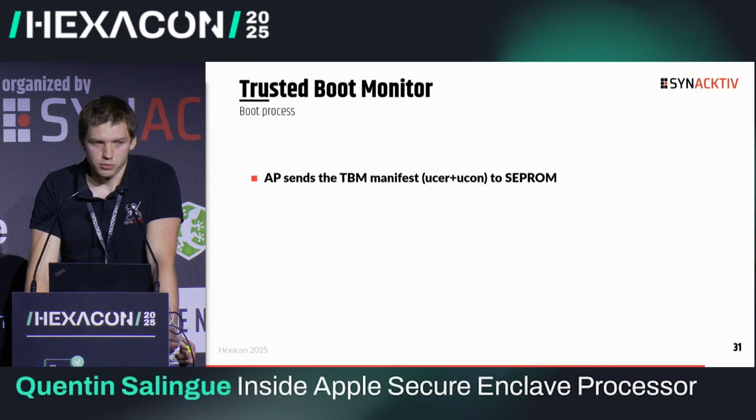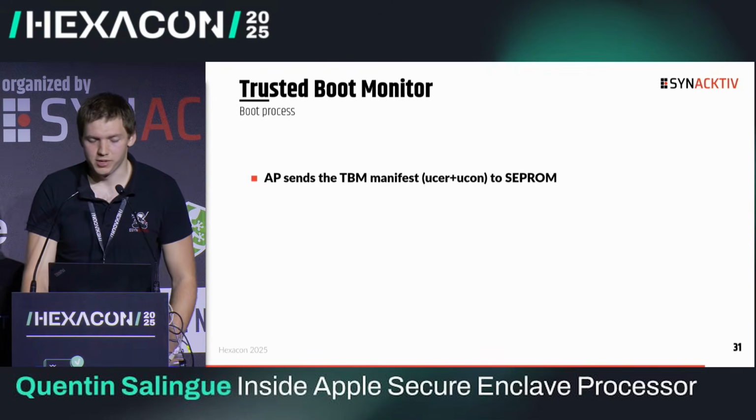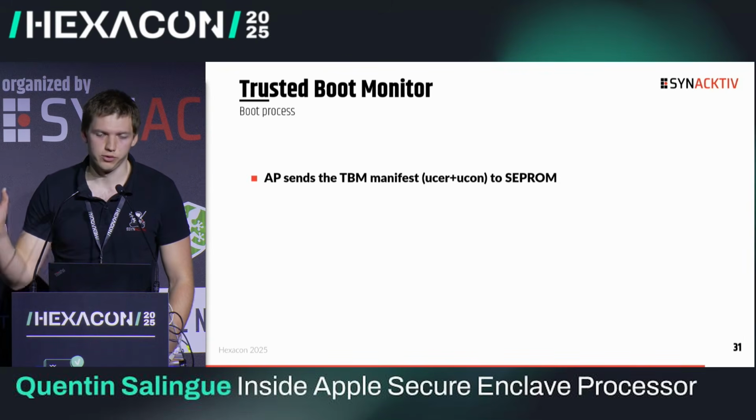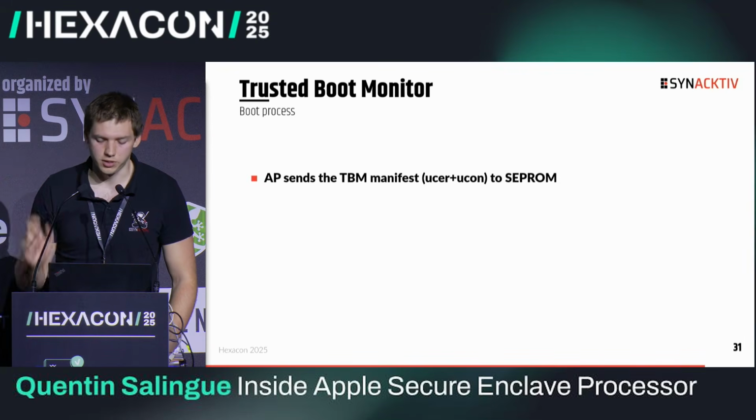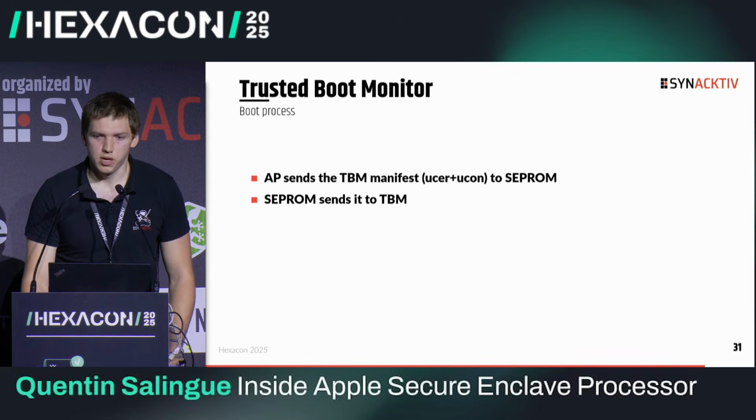So the updated boot process looks like this. The AP will send the TBM manifest, so both the UCRT and the UCON concatenated, to the SEPROM. The SEPROM will just send it to the TBM.